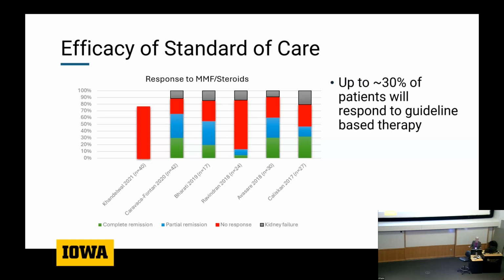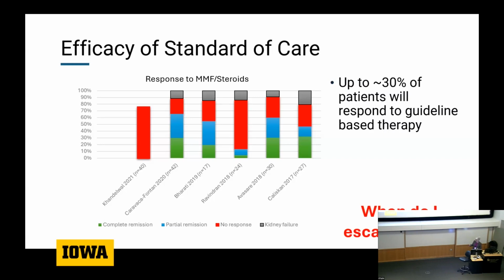They used a different course of steroids in every single one of these studies. So this is a very messy group of cohorts. But the point is, at least 30% of patients will respond to that regimen. And that's why the guidelines recommended that we start there, because it's better than 0 response and continued loss of kidney function going forward.